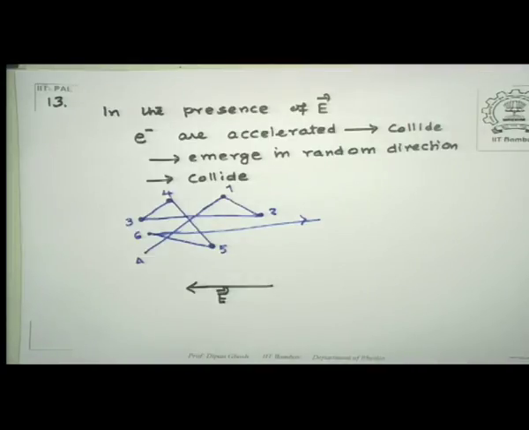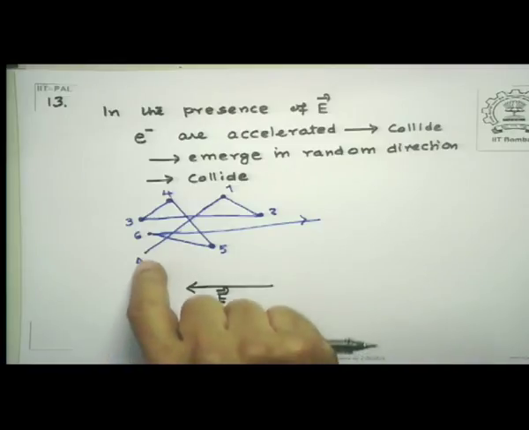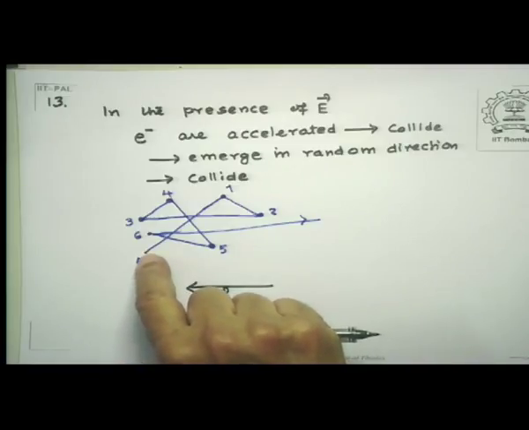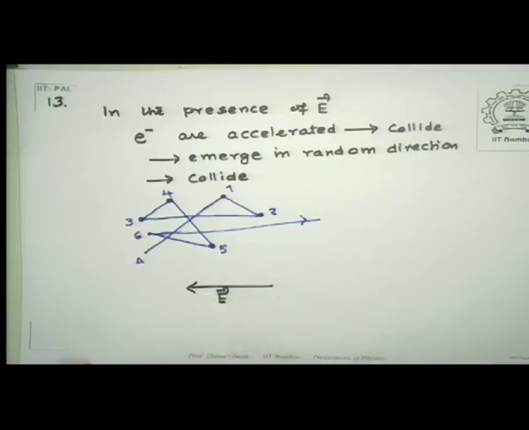Now what happens if there is an electric field? Let us suppose my electron starts from A. Now remember that the electric field is in this direction, and I have a negatively charged electron.